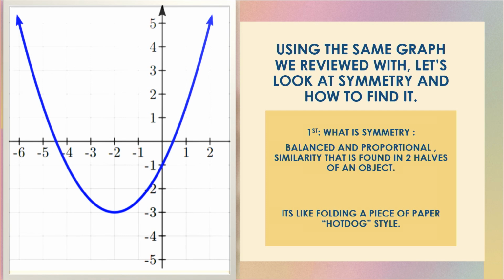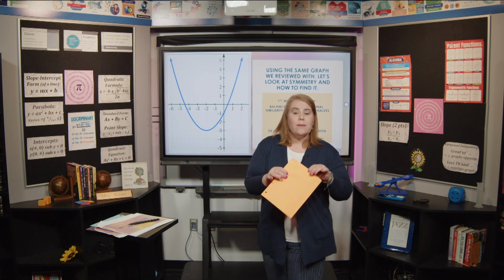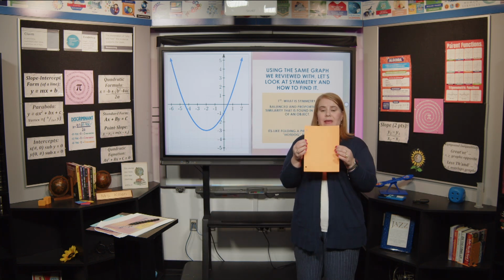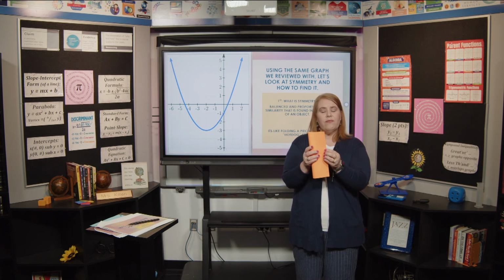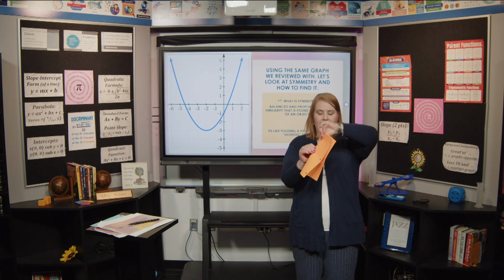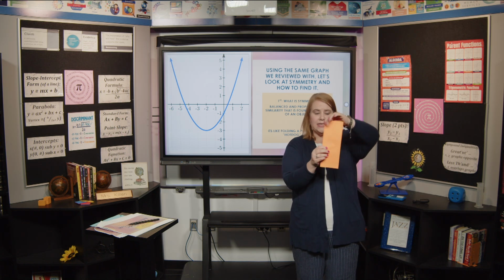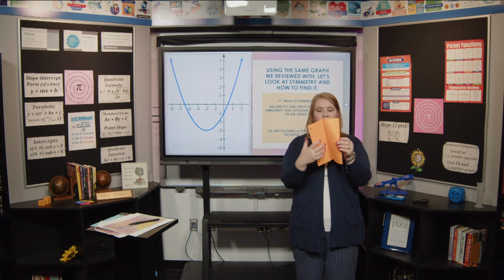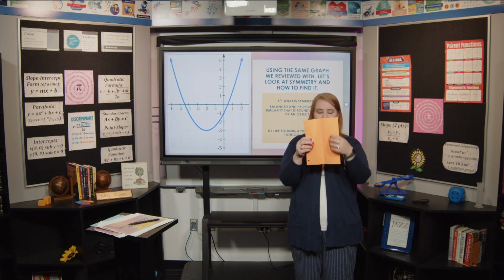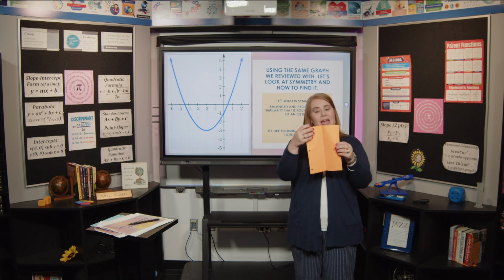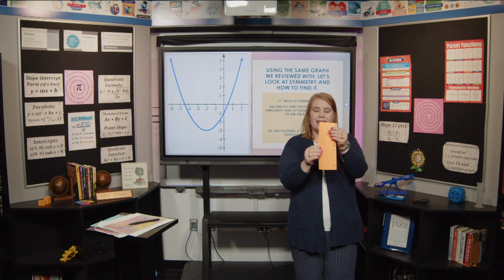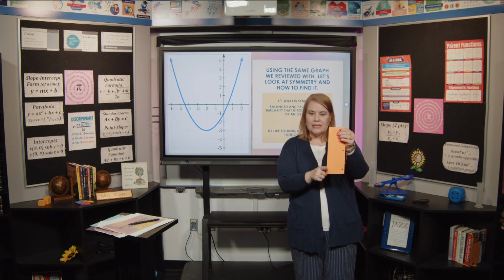So if I wanted to say this paper is symmetrical, I would be able to fold it, kind of like when you fold hot dog style, and I make my crease. Everything over here is the exact same as everything over here. It's just on one side of the paper and the other. So I could say that the line where it is symmetrical would be right here at my crease.